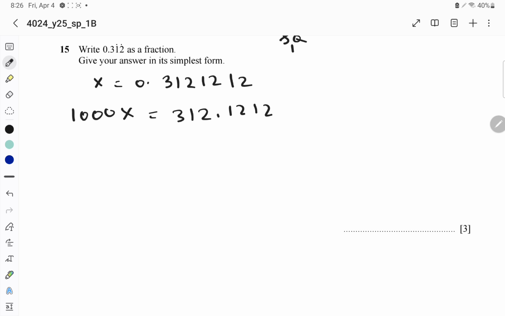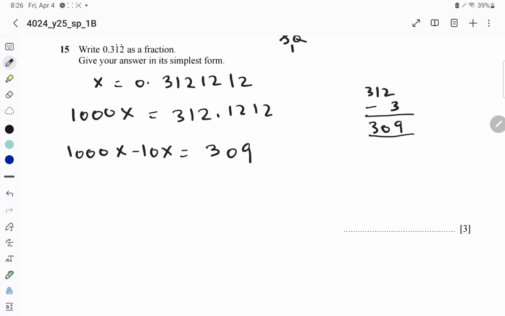As we know only one digit is there which is not recurring, so we will subtract 10X. 1000X minus 10X, and on this side 3 is not repeating, so we do 312 minus 3, that is 309. Only this one digit was not repeating, that's why we are subtracting 10X here. So that becomes 990.